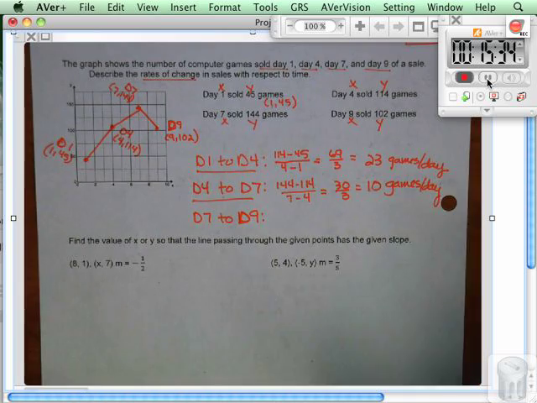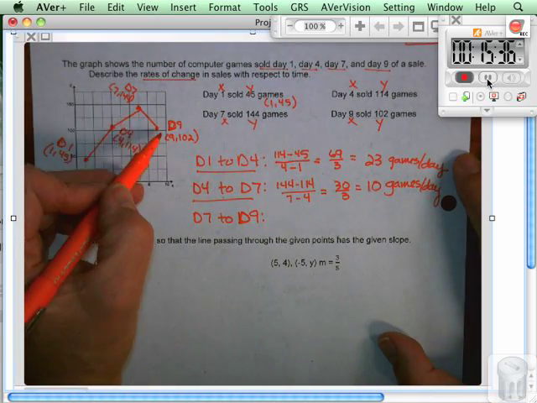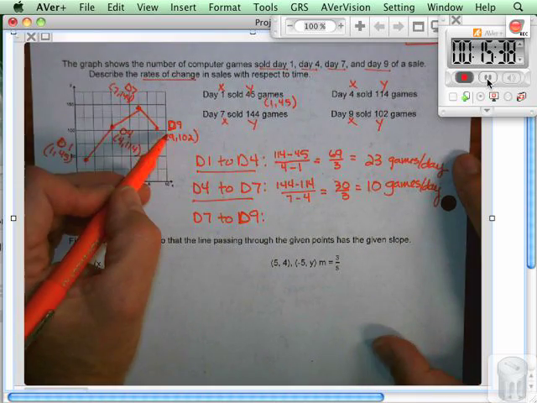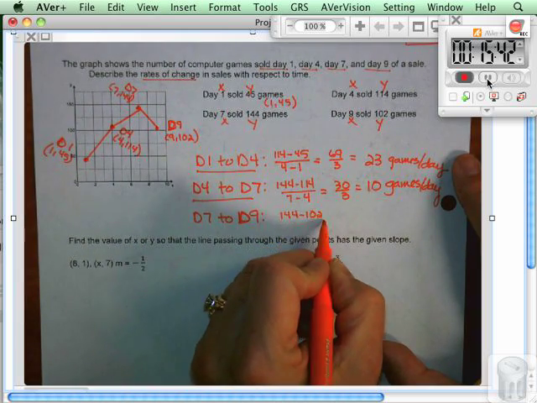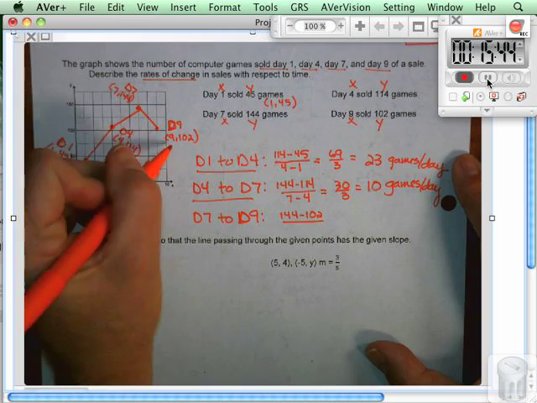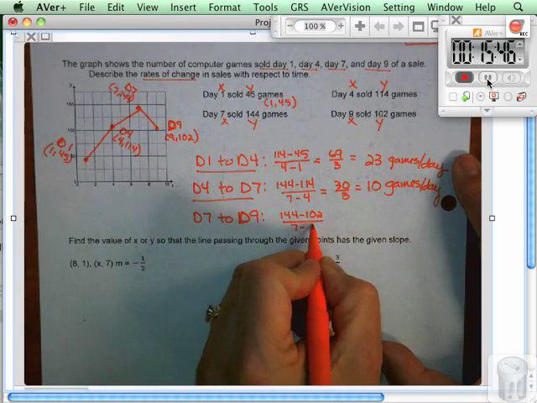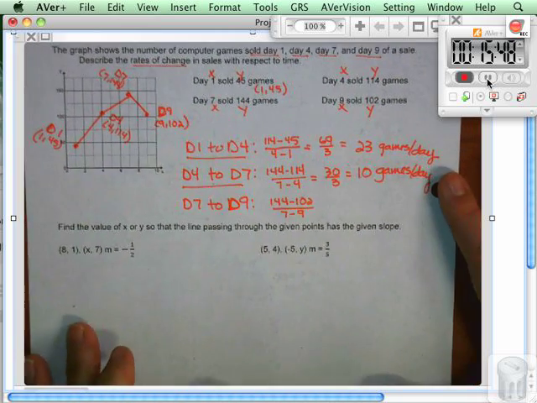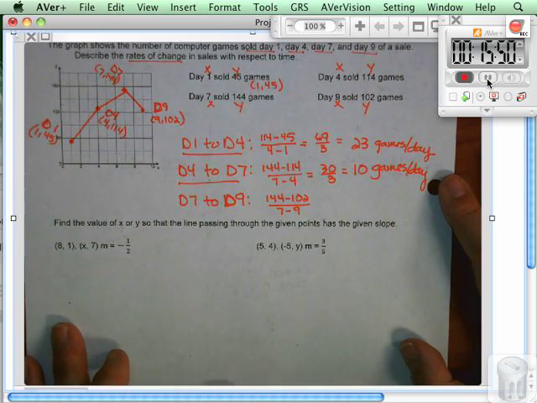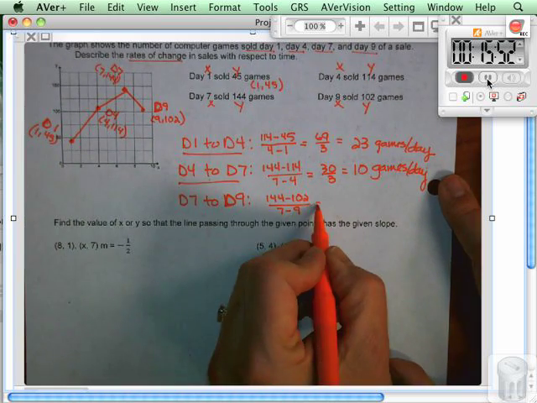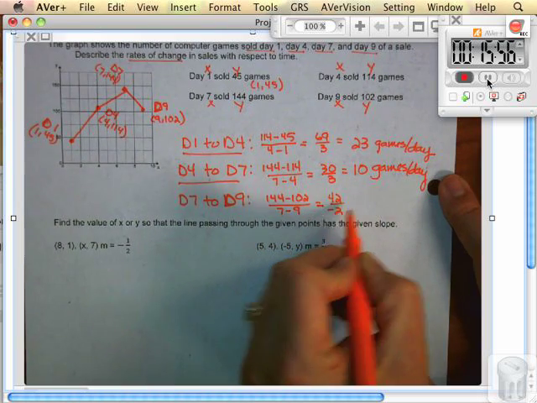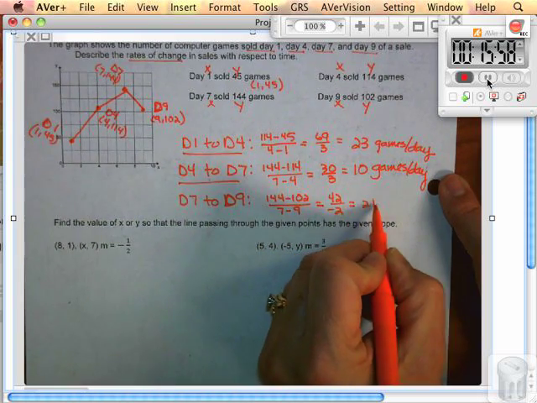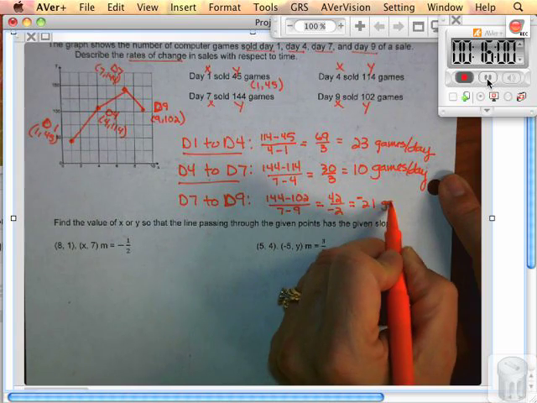Okay? So between these 2 points, it doesn't matter which way you go. We can go 144 minus 102, and then 7 minus 9. That's just going to give us a negative number, which is what we want, because the line's going down. 42 over negative 2, negative 21 games per day.